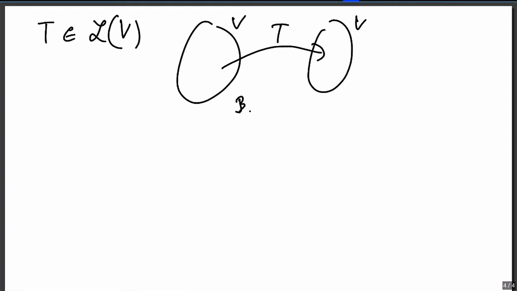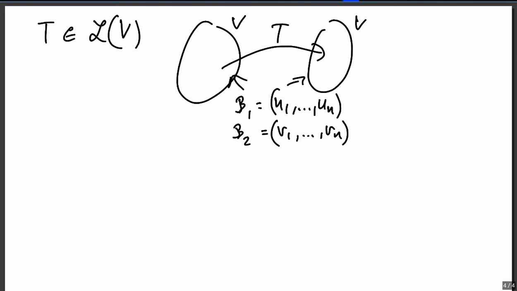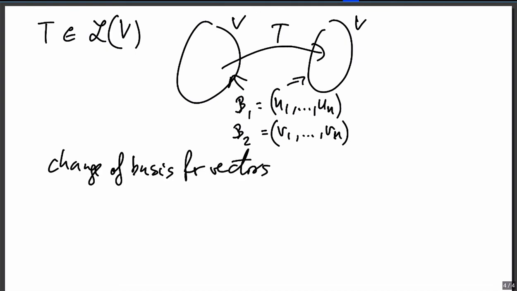Then we have two bases, B1 with U1 to Un, and B2 with V1 to Vn. These are in the same space V, so the number is n, the same number. We did have a change of basis before for vectors. We're just going to combine it now with the transformations.